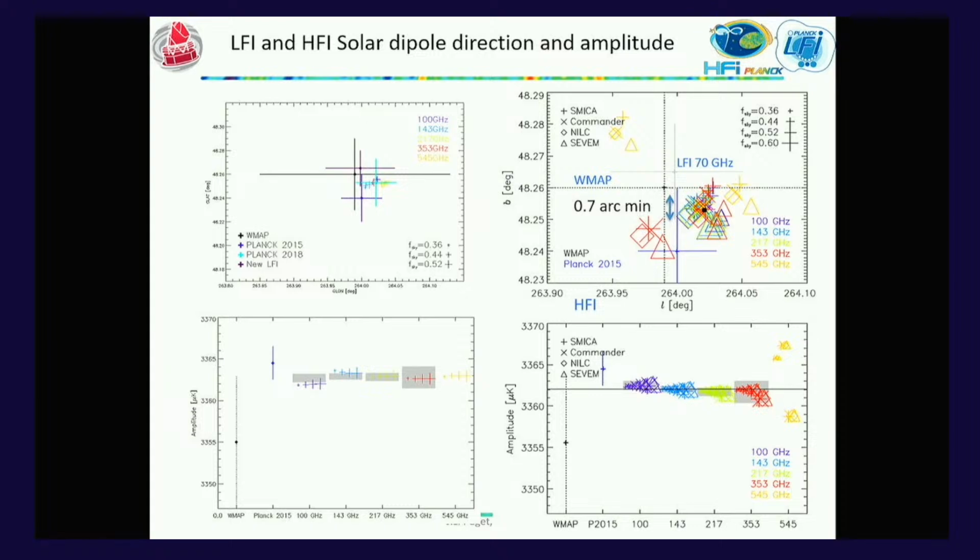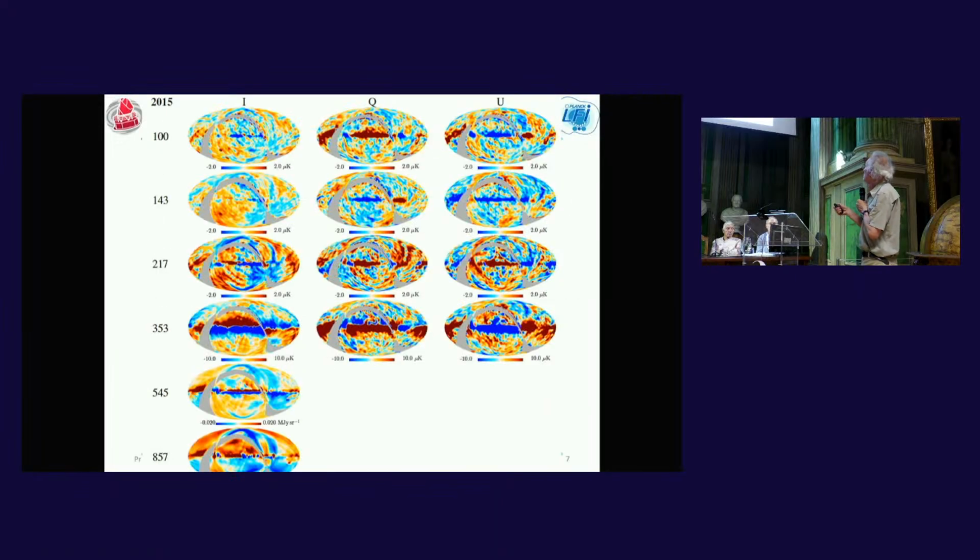And you can see, not for 545, but all frequencies are really bunched in this direction. The amplitude also is very, very stable, and even the 545 is that.